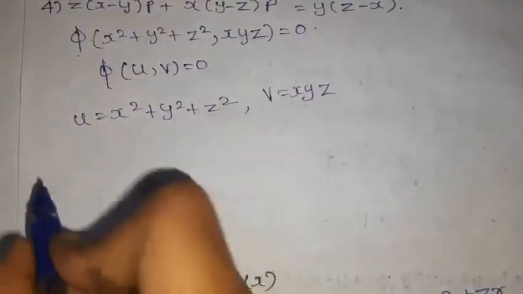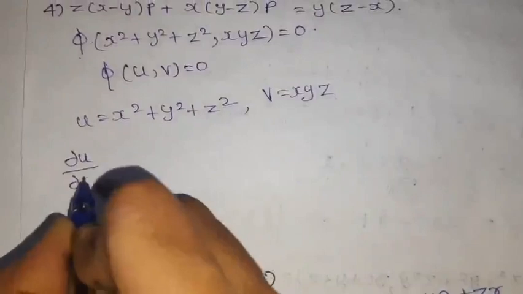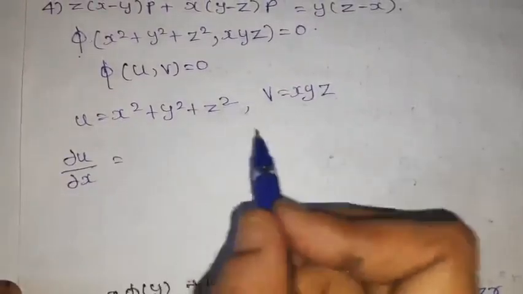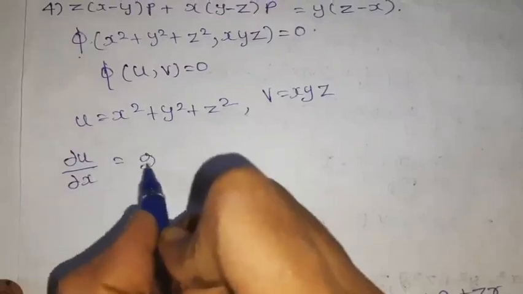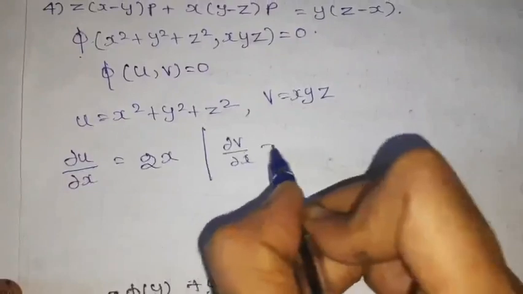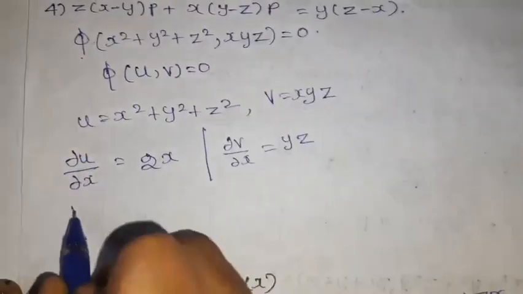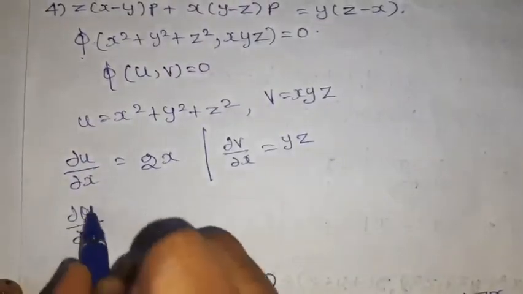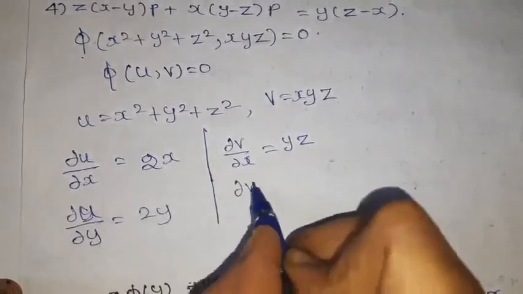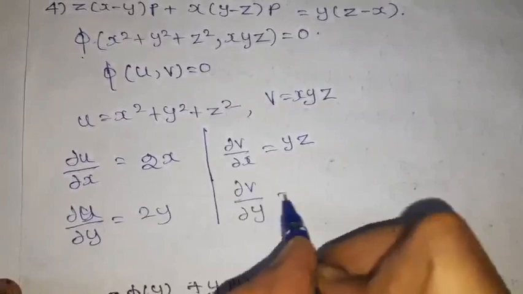dou u by dou x equals 2x. Again dou v by dou x equals yz, right? And dou u by dou y equals 2y. dou v by dou y equals xz, right?